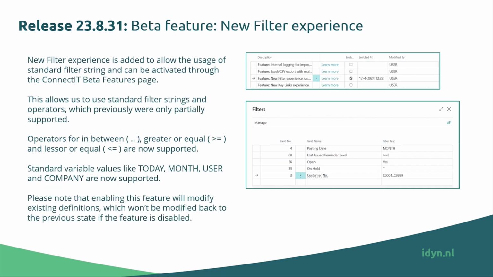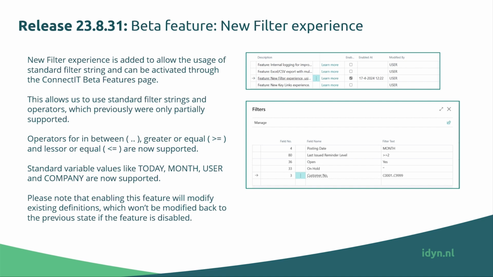Then we have our first new beta feature, the new filter experience. This will allow us to use standard Business Central filter functionality and filter strings, which were previously partially supported. As you can see in the example, we have some filter strings for in between and greater or equal than that are now usable.